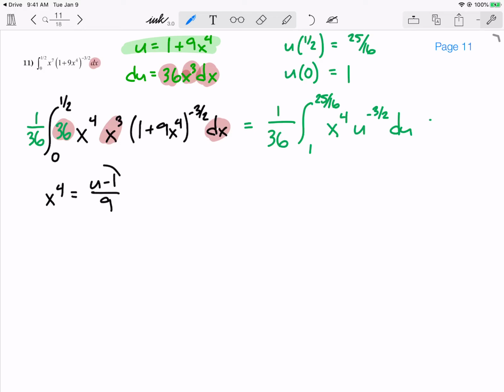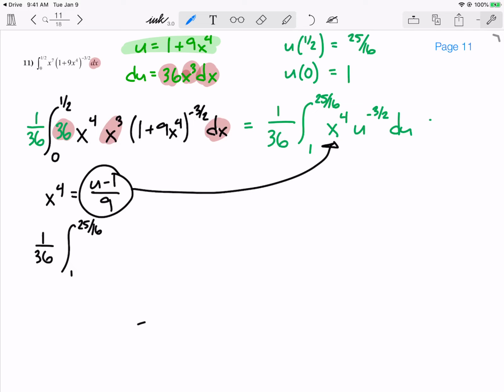So I'm going to replace that where I see my x to the 4th. So when I do that, I've got 1/36, the integral from 1 to 25 over 16 of u minus 1 over 9, u to the negative 3/2 du.